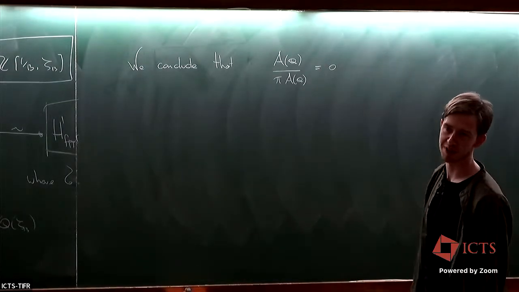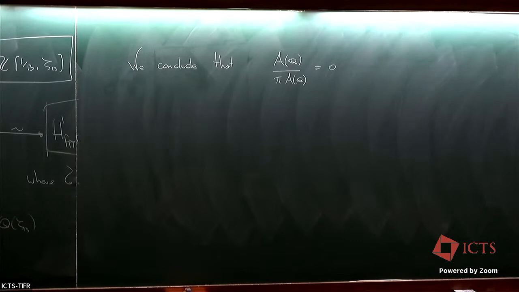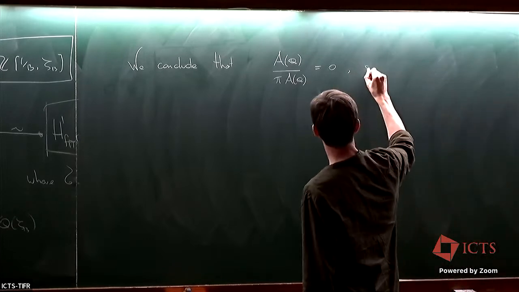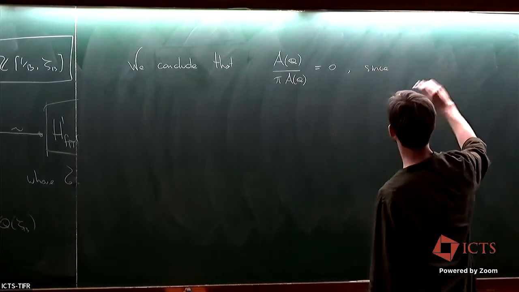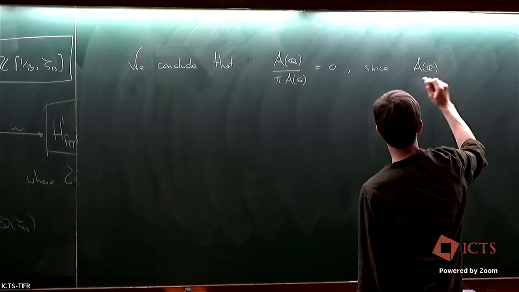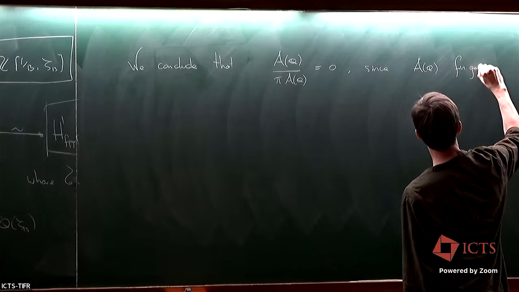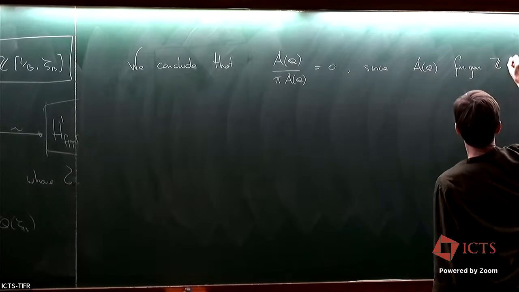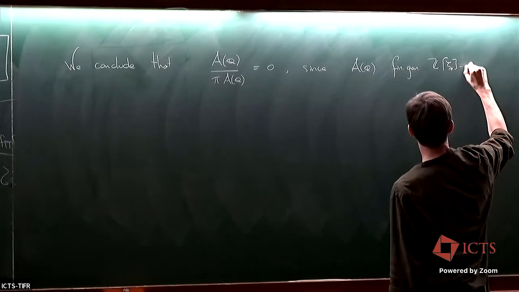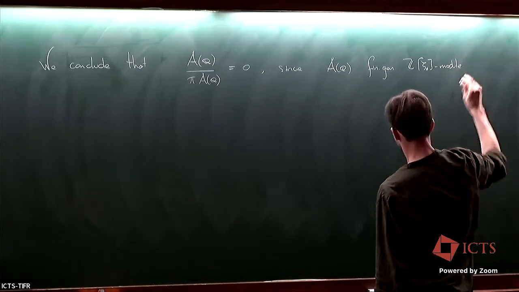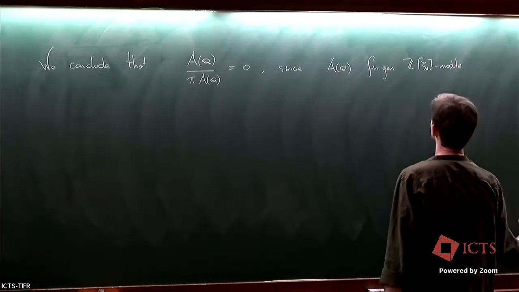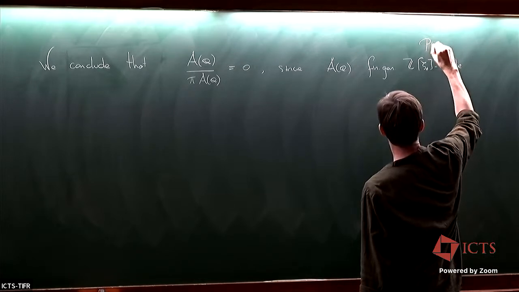And that's how we conclude that it's torsion. And then we knew that already we found all of the torsion. So let's maybe write that down. Since A(Q) is not just a finitely generated Z module, but it's actually a finitely generated Z[zeta 6] module. And Z[zeta 6] is a principal ideal domain.